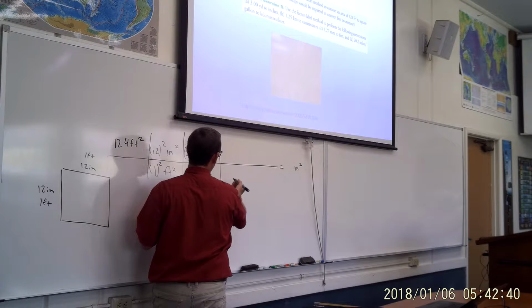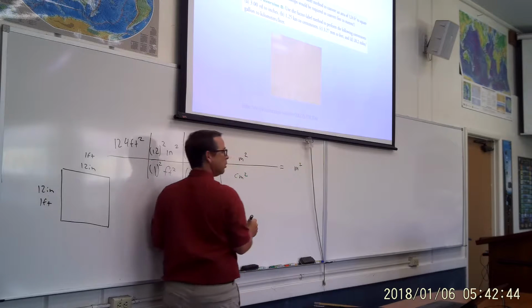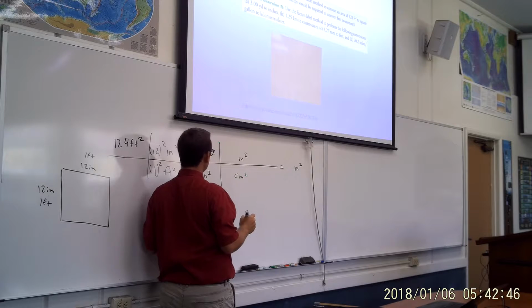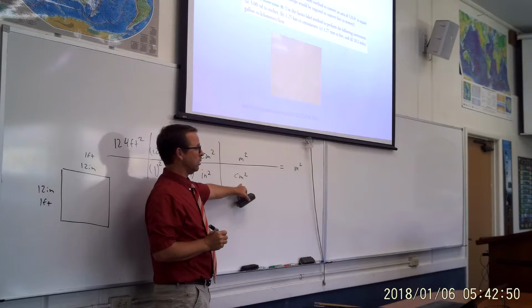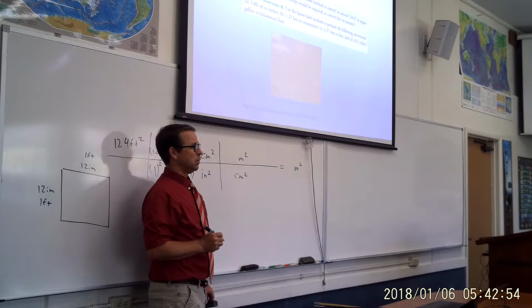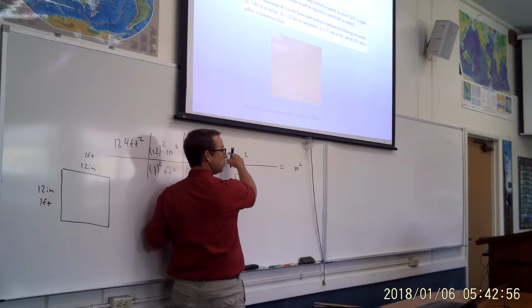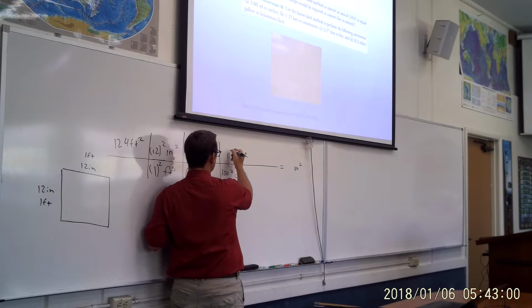Okay, now centimeters squared to meters squared. Did I skip too fast? We knew that centimeters squared had to be down here, right? And we want to end in meters. So what values go here? 100 squared and 1 squared.